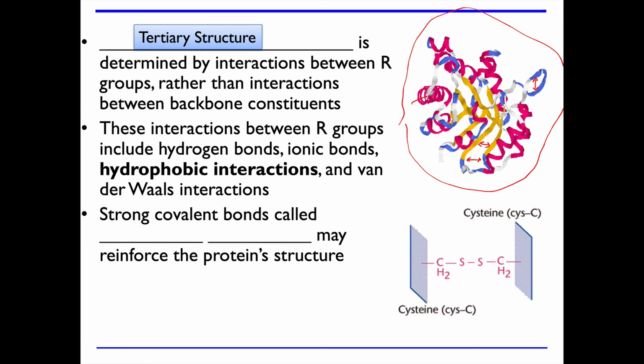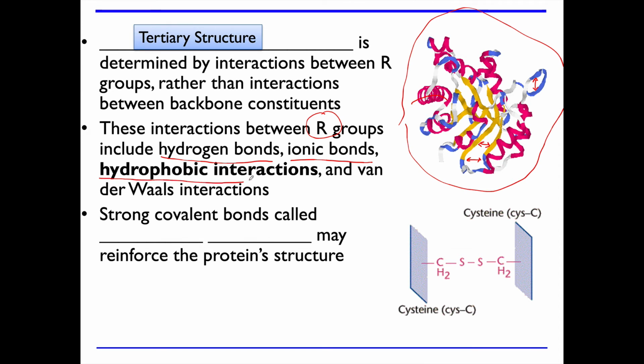These coils here are probably held in place by a series of chemical interactions that keep it in that position only. So the interactions on a very chemical level are between those R groups. We know what hydrogen bonds are. They're in there. We know what ionic bonds are. We've learned that. They're in there, positive and negatives.